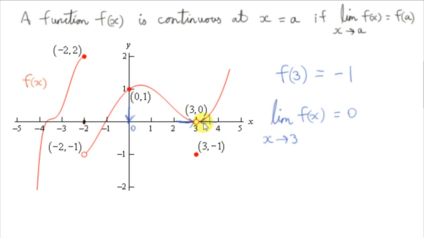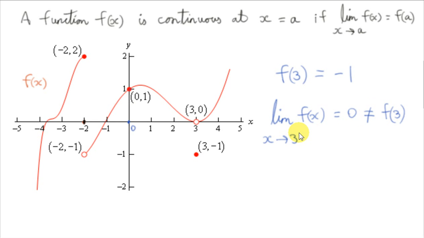If we take any point just to the right of 3 and go up to the curve, we get a number that's just above 0, and we get closer and closer to 0 as we pick our points closer and closer to 3. So this limit does exist and it's equal to 0, but it's not equal to f of 3.